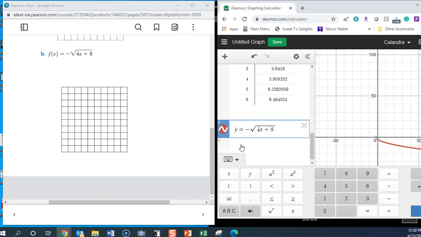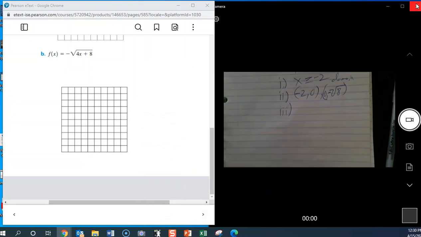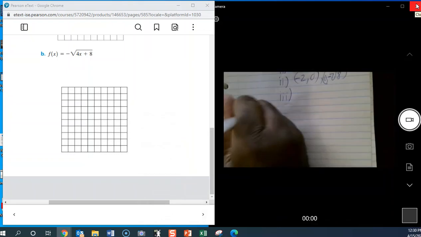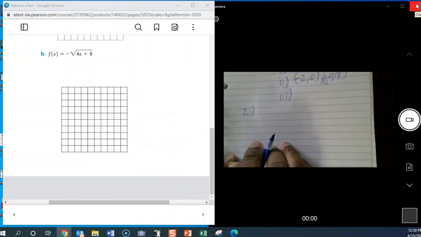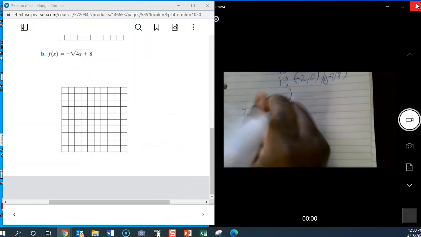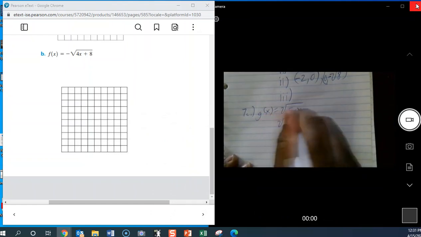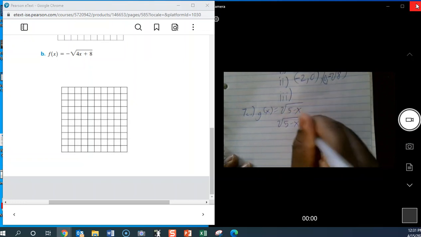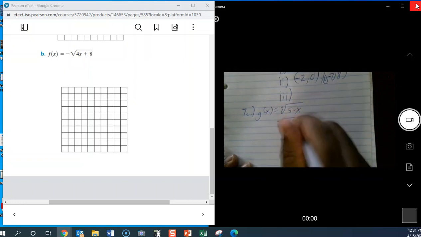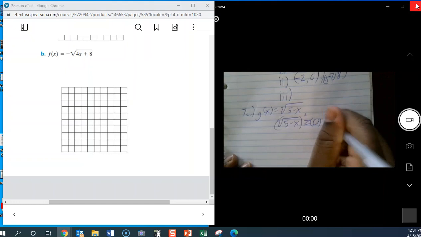Now we have 7c. So we go here to 7c. 7c is g of x is equal to square root of 5 minus x. Now we would take this square root of 5 minus x and set it greater than or equal to 0. We would square both sides.